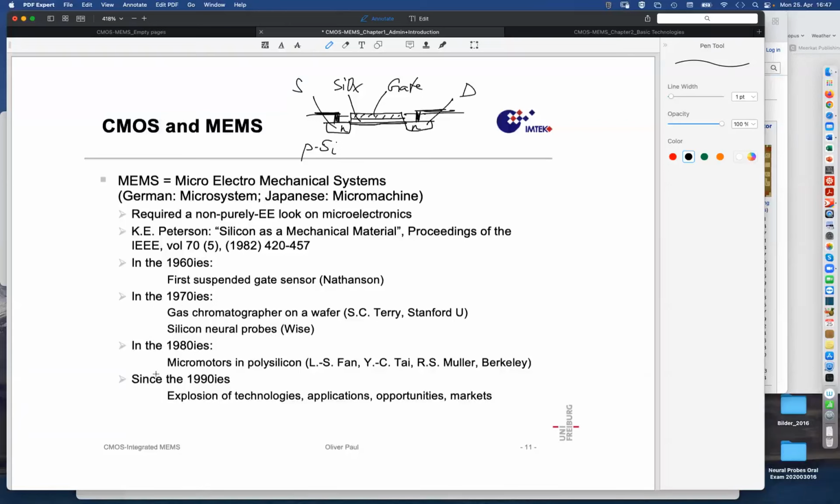And in the late 1980s, 1987 or so, Long-Shan Fan, Yu-Chong Tai and Richard Muller of Berkeley published the first rotational thing, a motor that was an object rotated by electrostatic forces on the surface of some silicon chip.